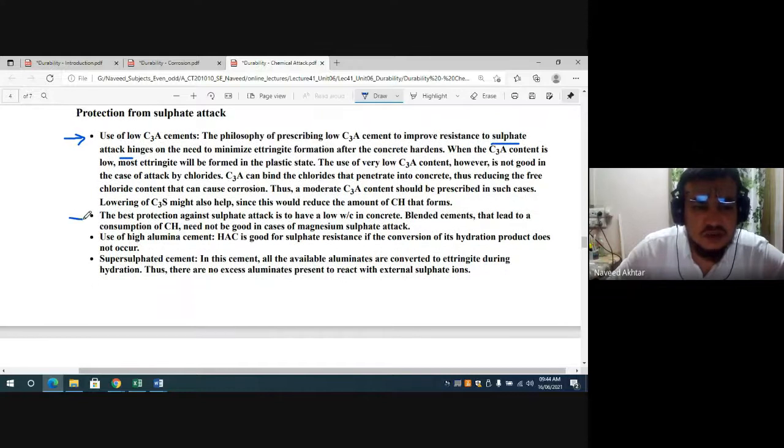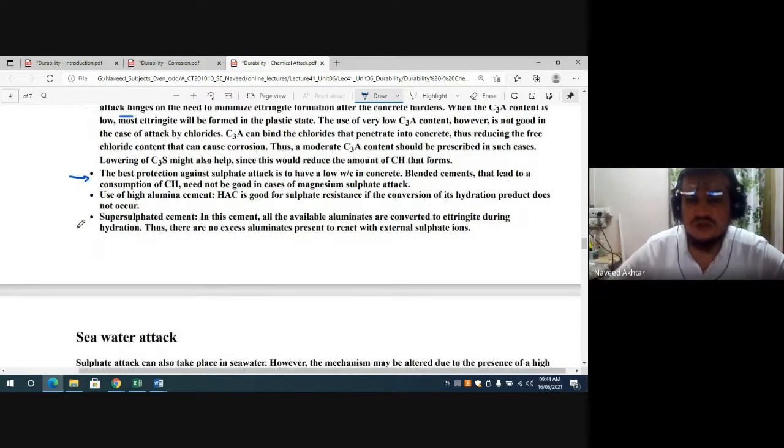The best protection against the sulfate attack is to have a low water to cement ratio in concrete. Blended cement that leads to a consumption of CH need not be good in case of magnesium sulfate attack. Use of high alumina cement is good for sulfate resistance, if the conversion of the hydration product does not occur.